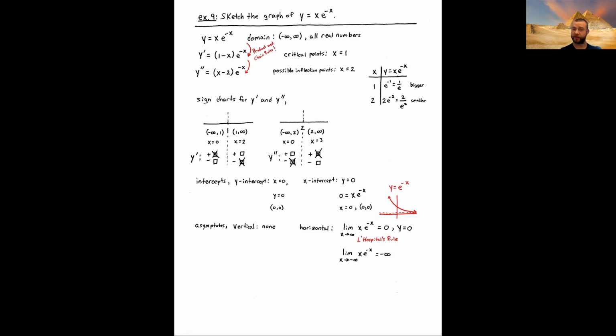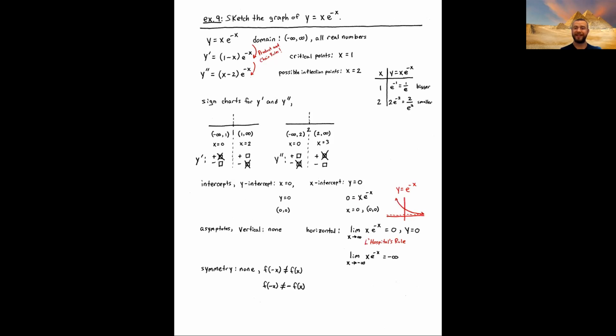There's no vertical asymptotes for this function, but there is a single horizontal asymptote only as x approaches positive infinity. You can get that horizontal asymptote or limit value, 0, by applying L'Hopital's rule.